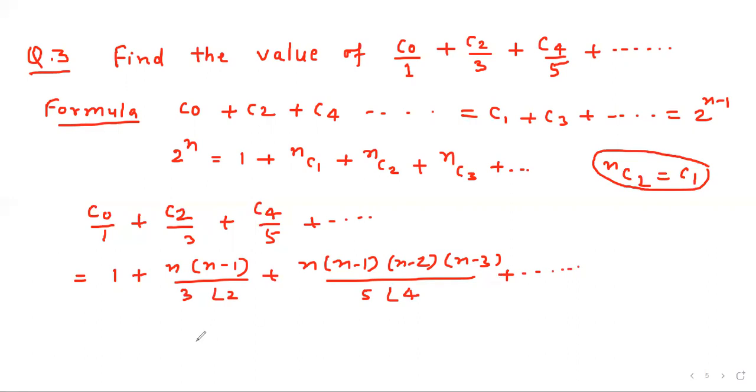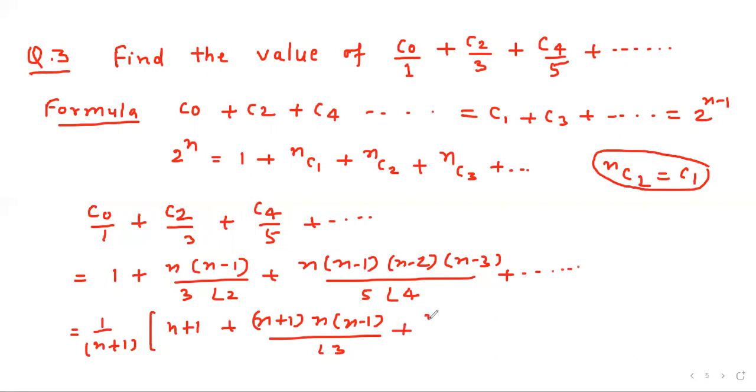Now, if we multiply and divide by n plus 1, so 1 upon n plus 1, then n plus 1 plus n plus 1 times n into n minus 1 upon factorial 3 plus n plus 1 times n minus 1 times n minus 2 times n minus 3 upon factorial 5 and so on.